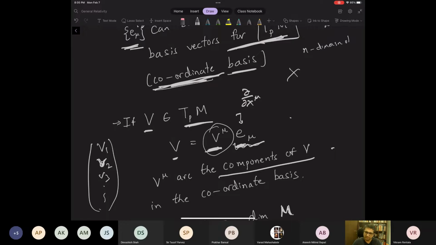One really important thing is, again, since we don't have a notion of inner products, there's no sense in which we can say that two basis vectors are orthogonal to each other. And since we don't have a notion of inner products, we don't have a notion of magnitude of the vector. So there's no sense in which we can call this a unit vector either.